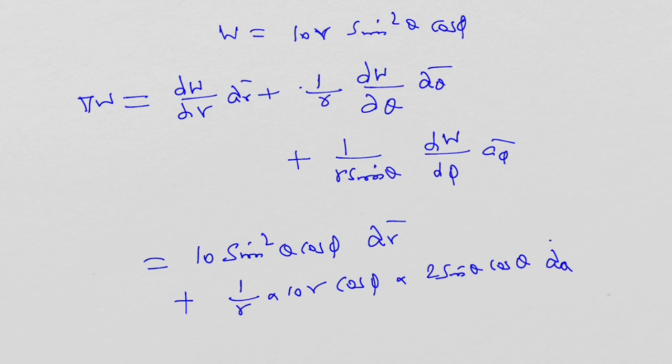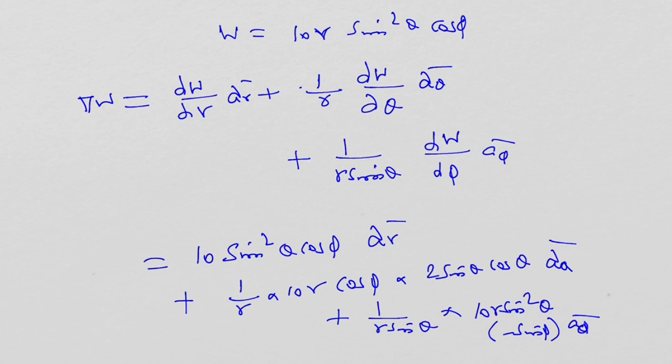The last expression is, yes, 1 by r sine theta is there in the formula, multiplied by dou w by dou phi, which gives me 10r sine square theta multiplied by minus sine phi, whereas a phi will be there.